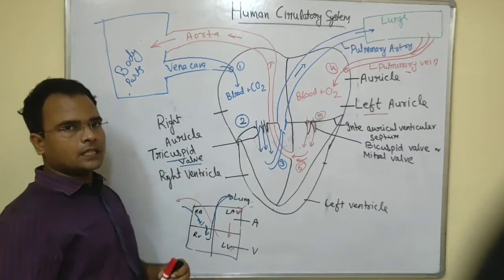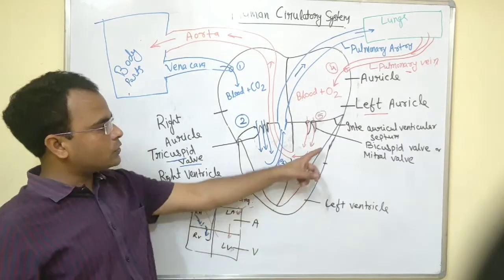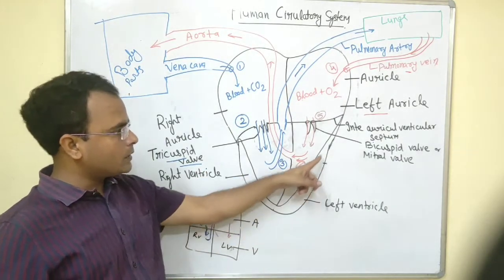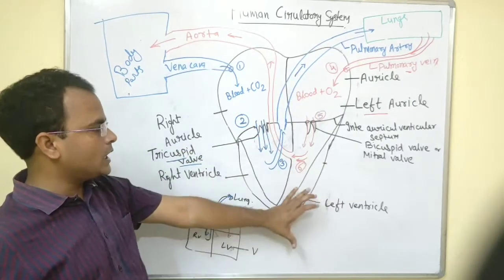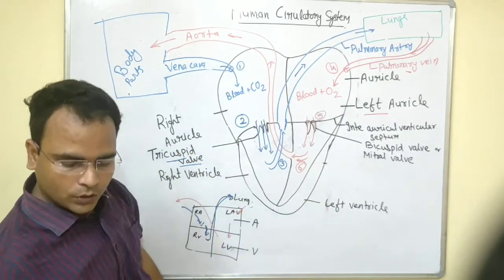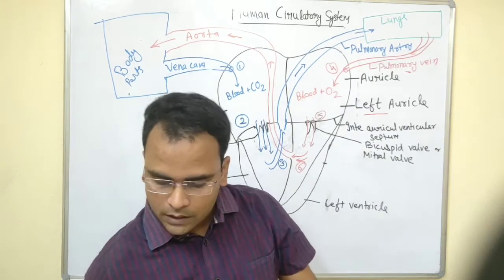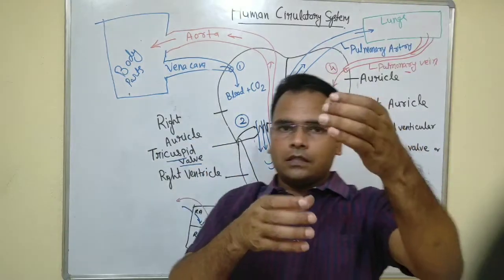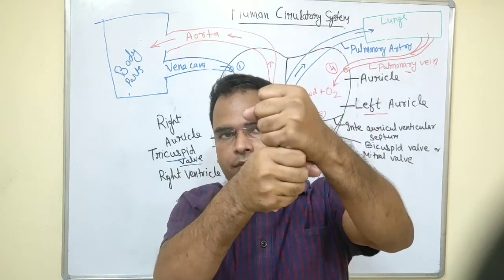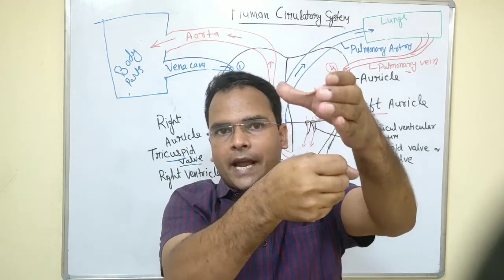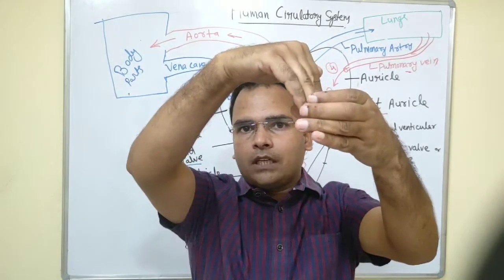Here what question are we asking? Why are the ventricle muscles of the heart thicker as compared to the auricle? So see, this is the structure part. This is the auricle and this is the ventricle, right? Two parts are there. So the auricle expands, and blood comes from the body.